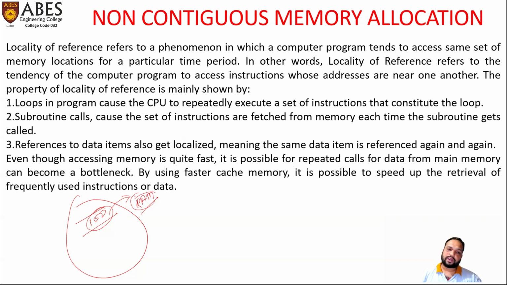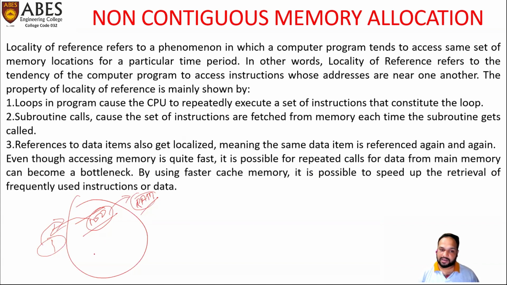So to avoid this, we have to store such instructions or data inside the cache memory so that it avoids the time lag and can be fetched easily inside the CPU so that the instruction gets executed.